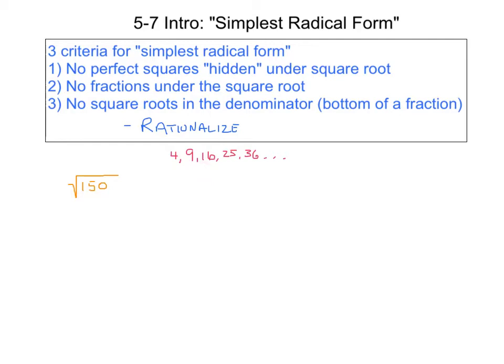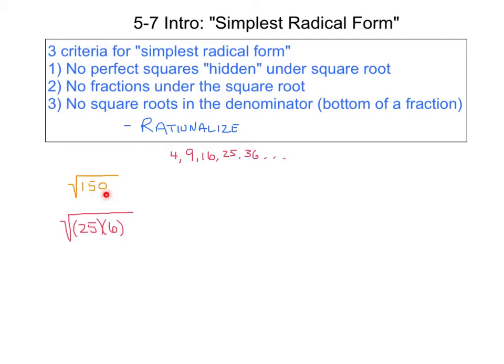In fact, you can rewrite this as the square root of 25 times 6. 25 times 6 simply is 150. So all I've done is rewrote our original square root as 25 times 6, which is the same as 150. Now, don't you know the square root of 25? Well, you do.